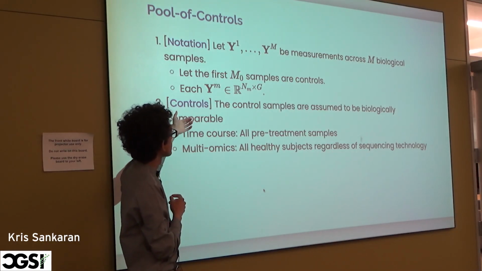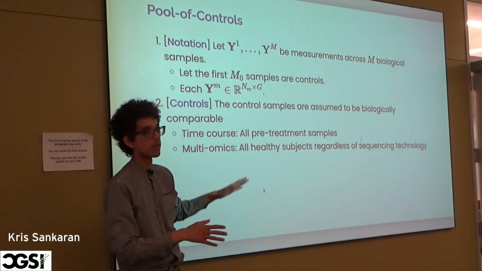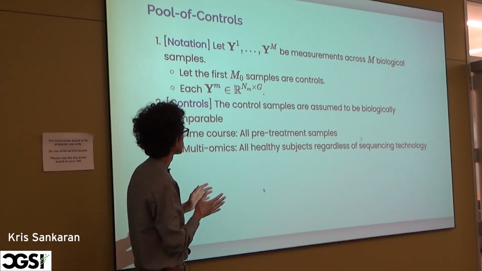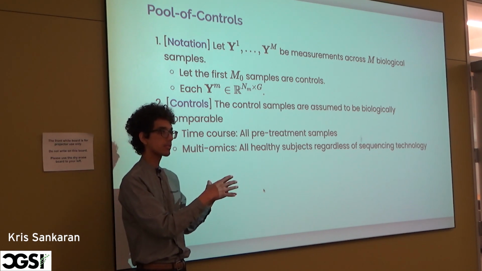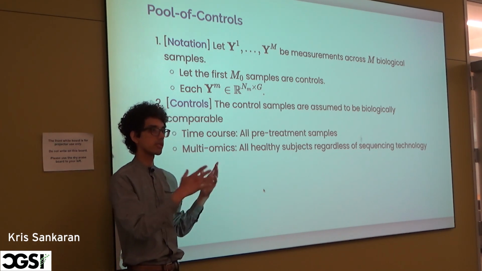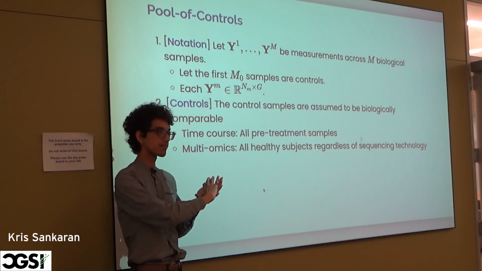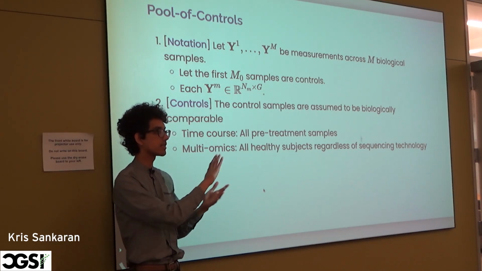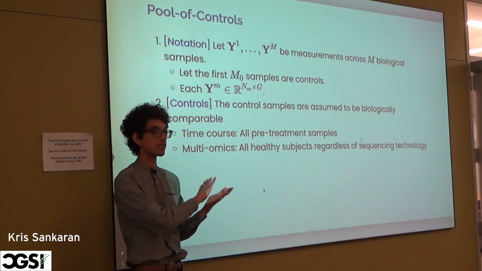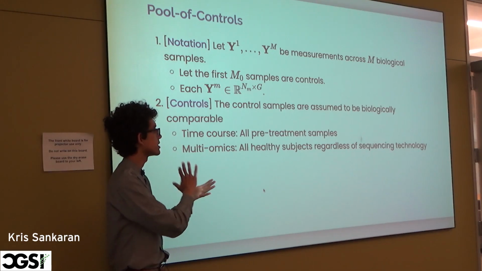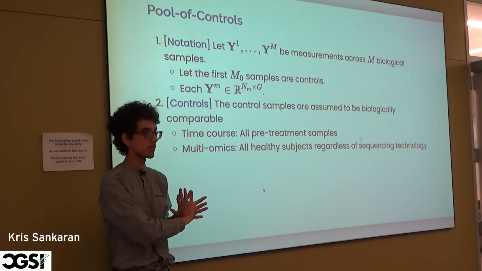The key thing that this method requires that's not in ComBat and not in most batch effect correction methods is it's going to assume that you have a subset of the samples that they'll call a pool of controls, that these are going to force to overlap one another. So any systematic variation across these, it's going to remove. And then they're going to use that as the basis of the batch effect correction.